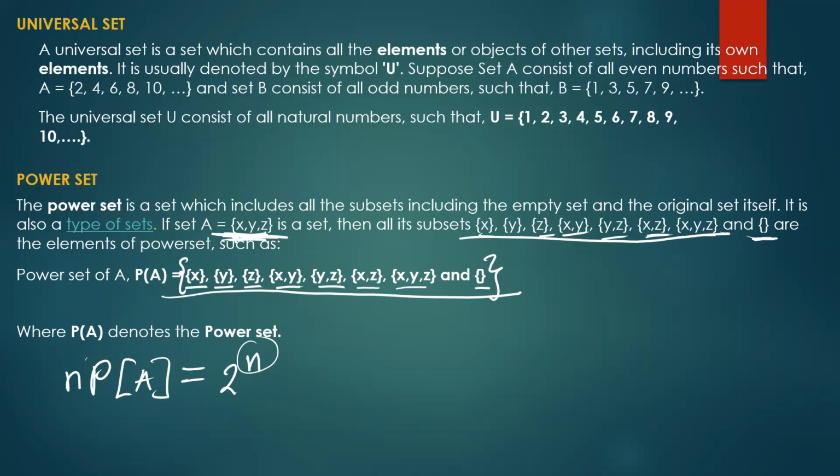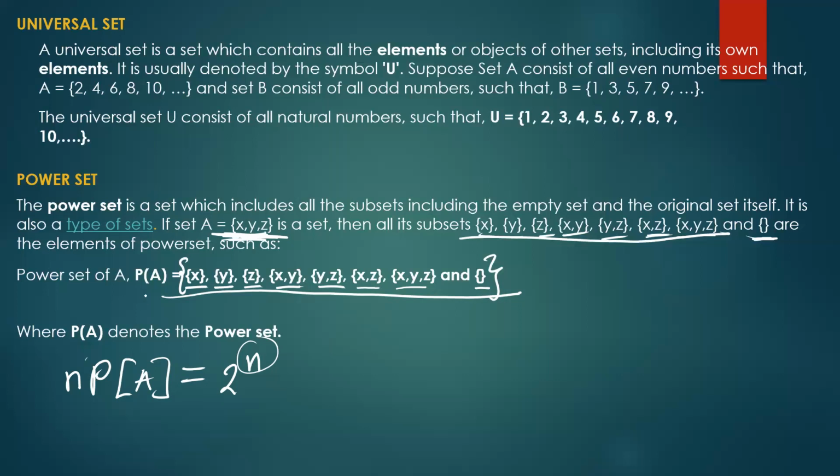So that means power set and cardinality are not one and the same thing. No, they are not the same. They are talking about the same thing, except that one is listing the elements, the other one is telling you the number of elements.